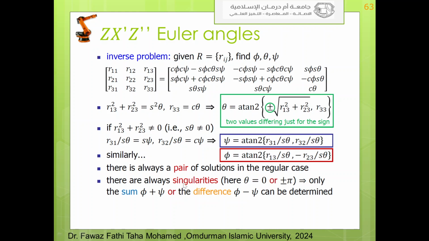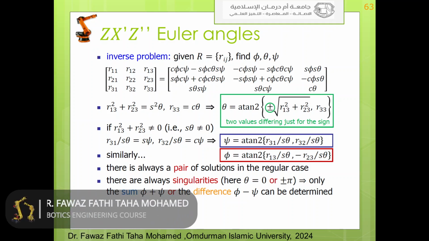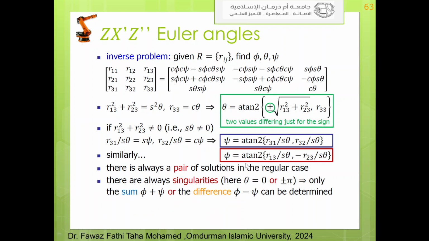There are always singularities. The meaning of singularities is the non-regular case. In the regular case, we have two solutions. If we have other than two solutions, zero solutions, one solution, three solutions, and so on, it is a singularity, a non-regular, non-common case.